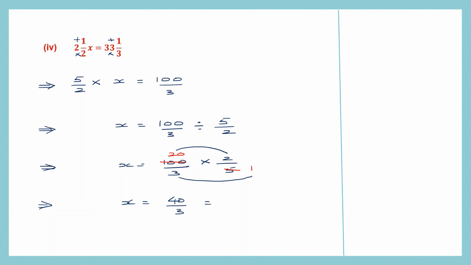If you have to convert it to a mixed number, let's see how to do it. Divide 40 by 3. 3 ones are 3, minus, 10. 3 3s are 9, minus, 1. So what is our mixed number here? 13 1 by 3. So let's write that here. 13 1 by 3.